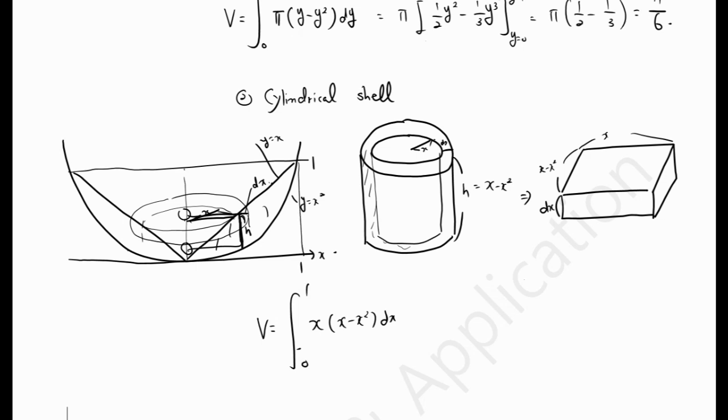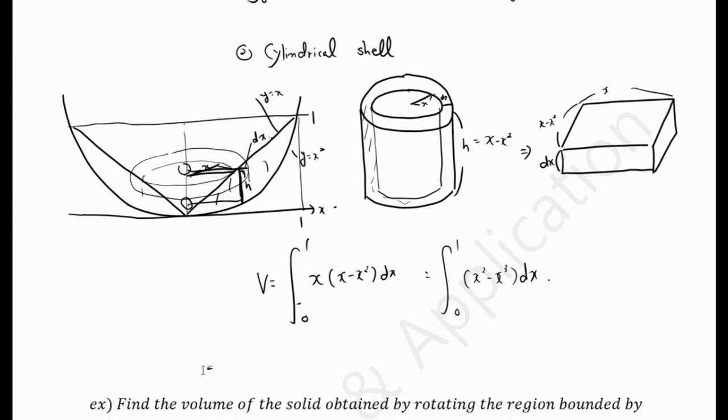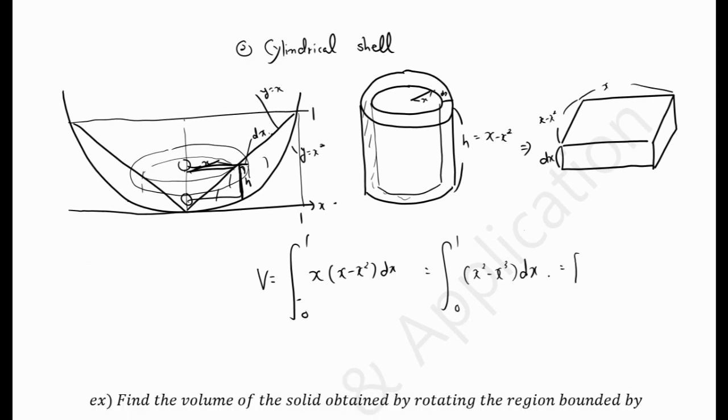We calculate the integral from 0 to 1 of x squared minus x cubed dx, which is 1 over 3 x cubed minus 1 over 4 x to the power of 4. No, I'm sorry, this is 2 pi x, because this length must be the circumference of the circle, which is 2 pi x.